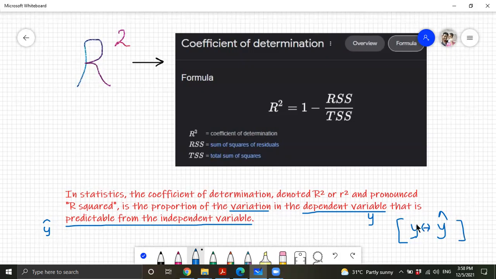We want this r squared to be really high, and r squared varies from 0 to 1. In some cases, if it's a really worst model, you can get minus values, but actually r squared varies in the range of square bracket 0 to 1.